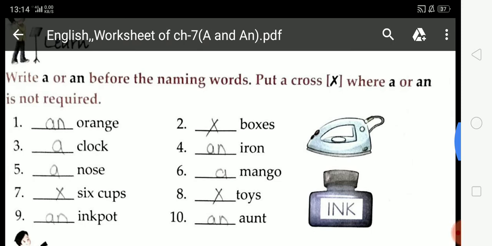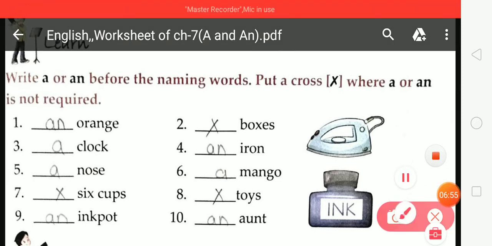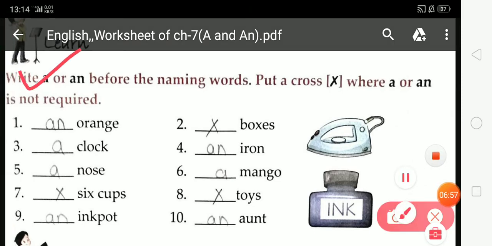Write A or AN before the naming words. Put a cross where A or AN is not required. So students, you know that A or AN means one. It means we use A or AN before naming words that are one in number.